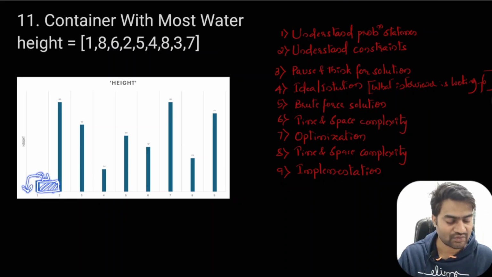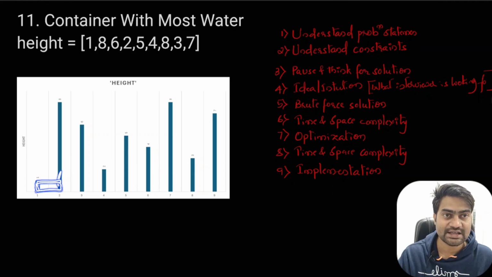So if I want to find this particular area, I need the minimum height between these two lines and the distance between them, because this is a rectangle.